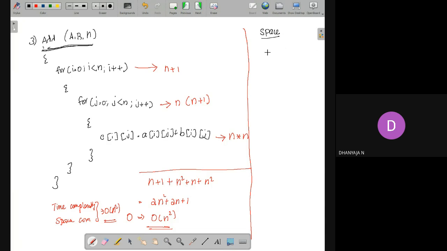Space complexity of a program is equal to c plus Sp of I, that means constant plus variable value, right? So this is how we were calculating. Now here, how many constant variables are there in this example?